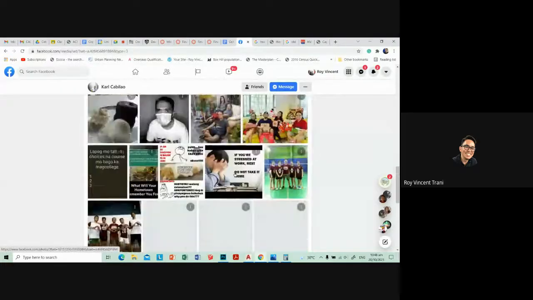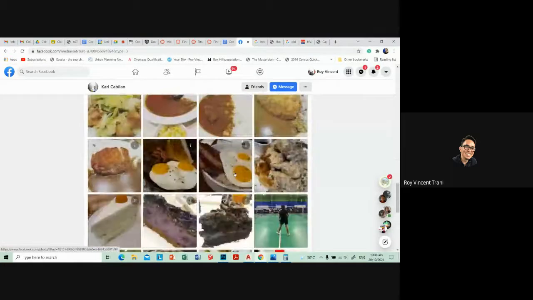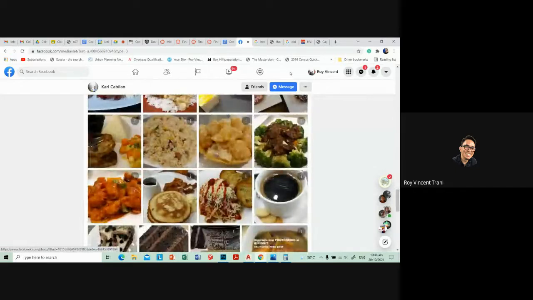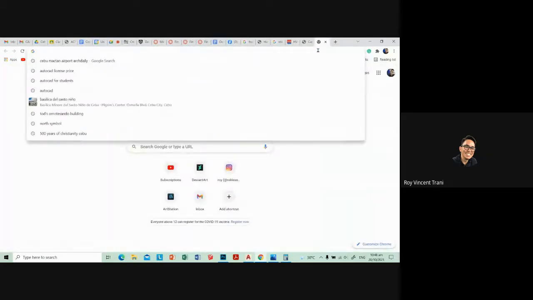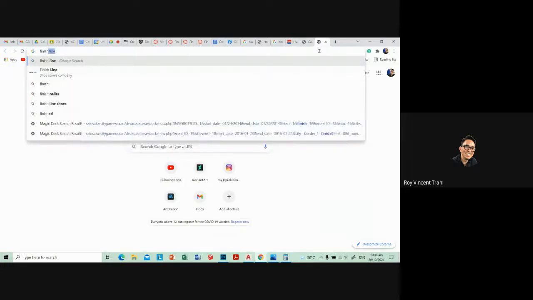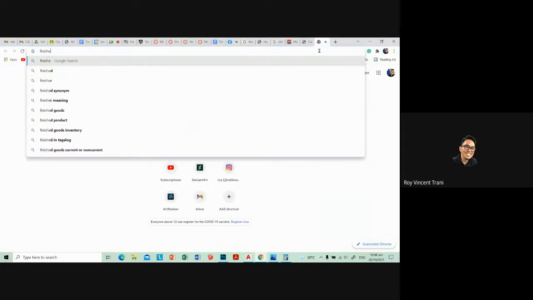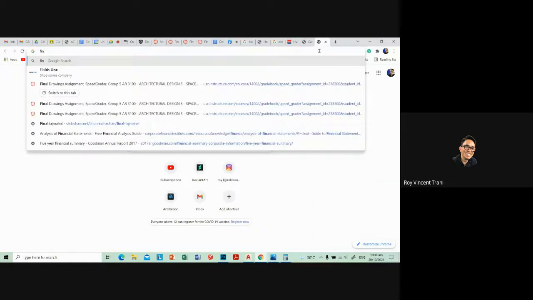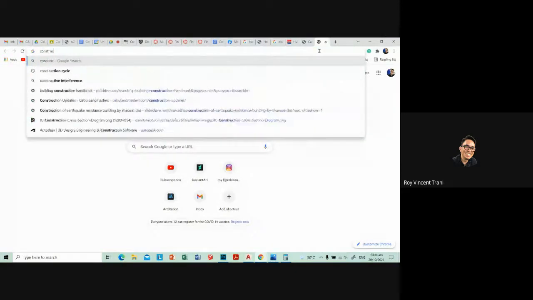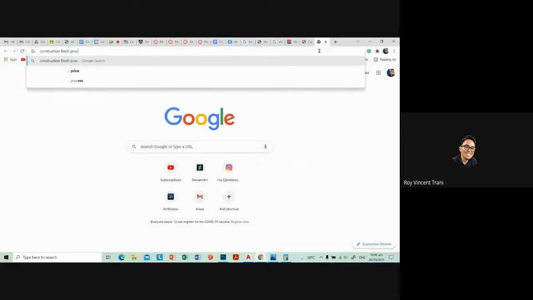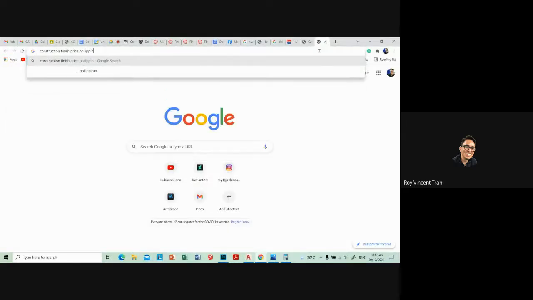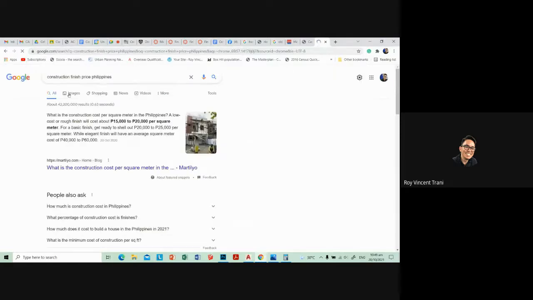Let's see. It's all food. Anyway, there was an image showing the finishes and price ratio. Construction finish. Price. Philippines.